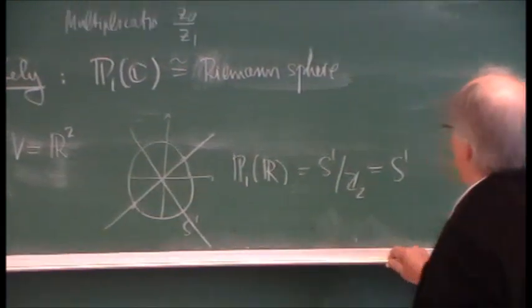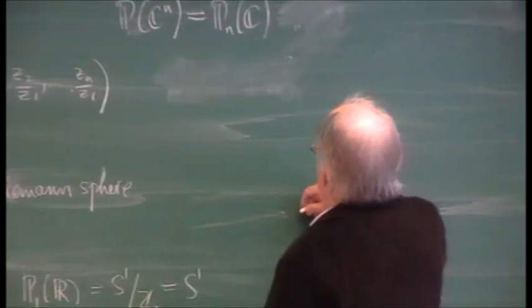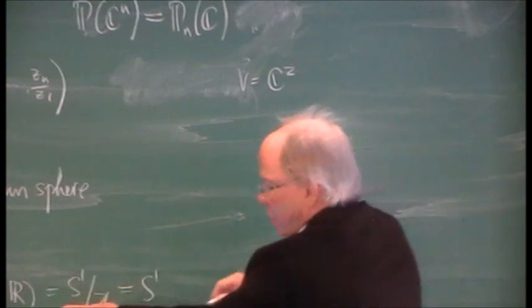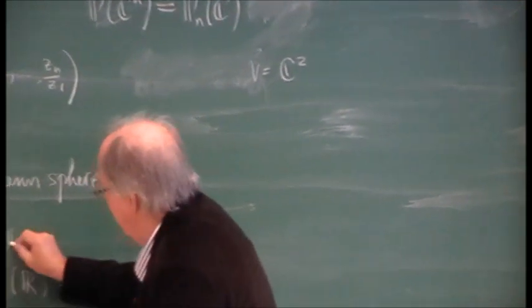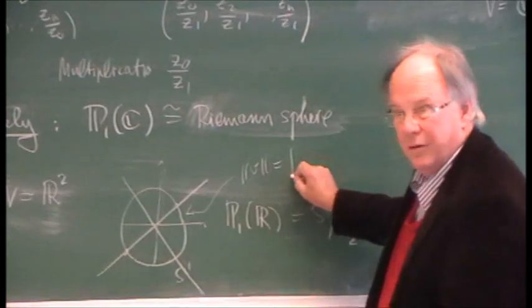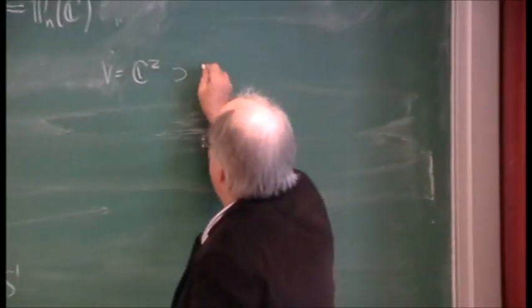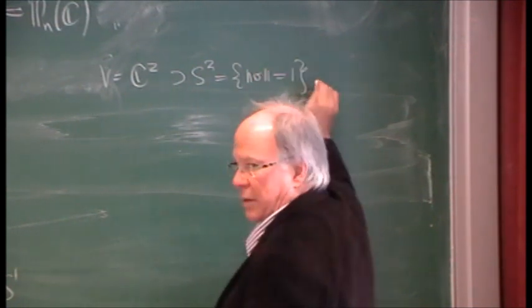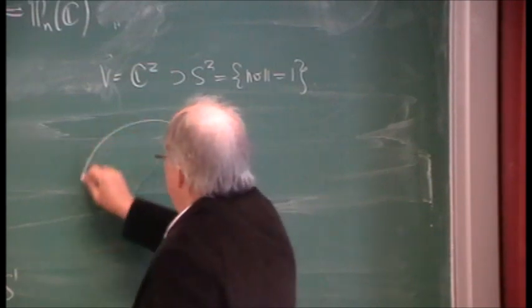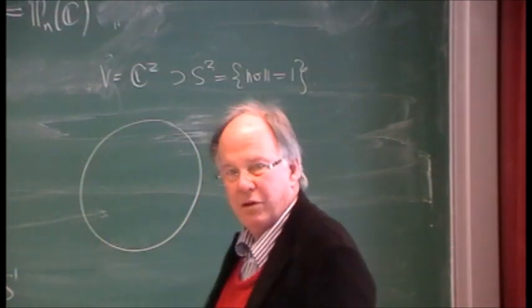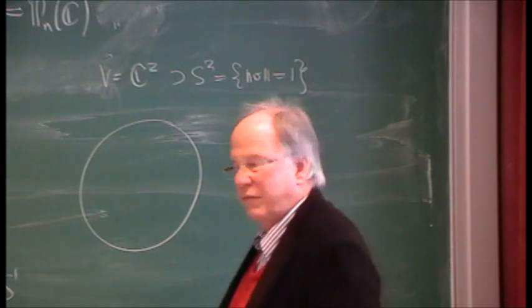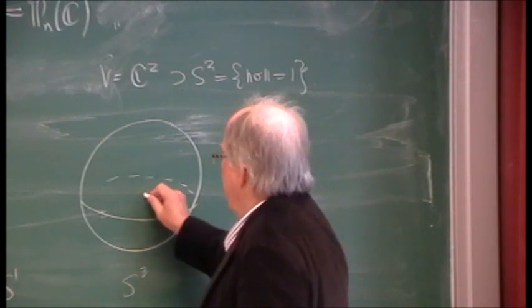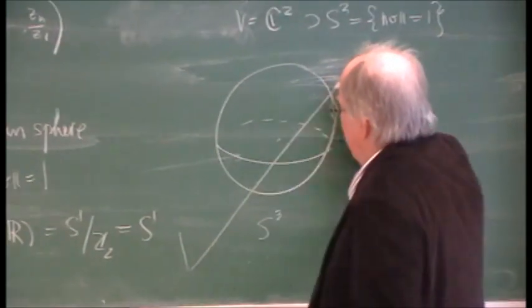The way to think of this geometrically along the same lines is that we are in V equals C2, and in C2 these are the vectors of unit length. In C2 we have the three-dimensional sphere, the vectors of unit length. It's difficult for me to draw a three-sphere in 4 dimensions, so I'll draw it as if it were a 2-sphere. So this is the 3-sphere, and now you have a plane which comes through here.